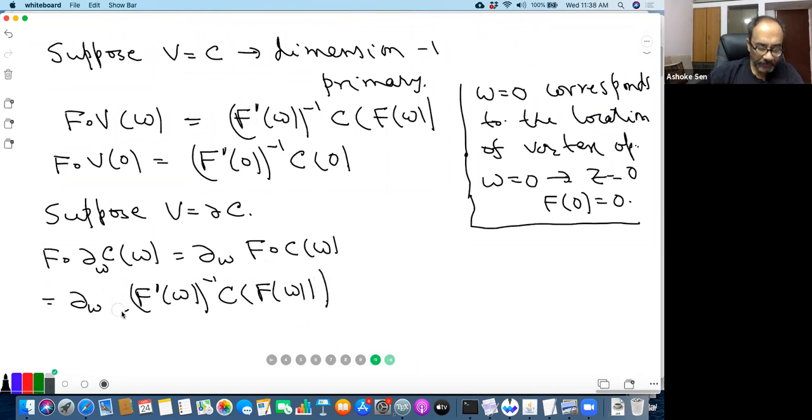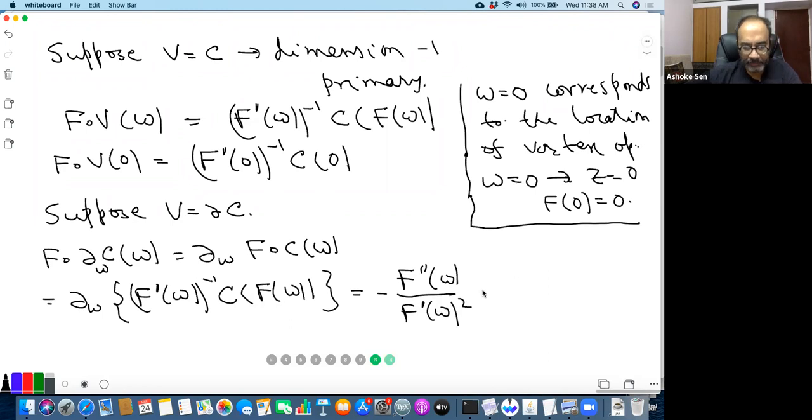Too many brackets, let me. So this will be given by first the derivative of this, so that's minus f''(w) over f'(w)^2 times c(f(w)), and then plus, when the derivative acts on this by chain rule, you get out a factor of f'(w), so that I'll write as ∂c(f(w)), where this means the derivative with respect to the argument of c.